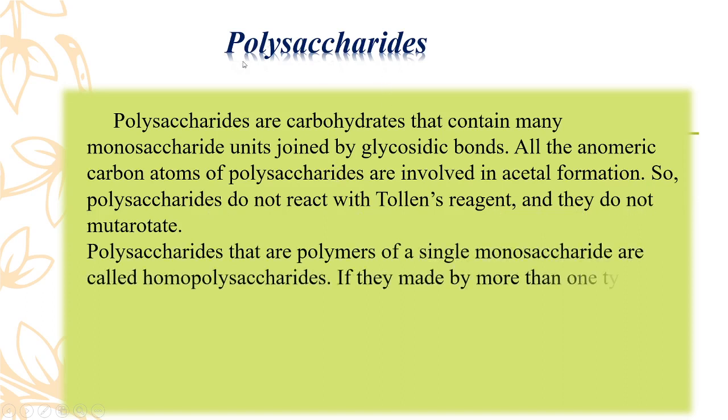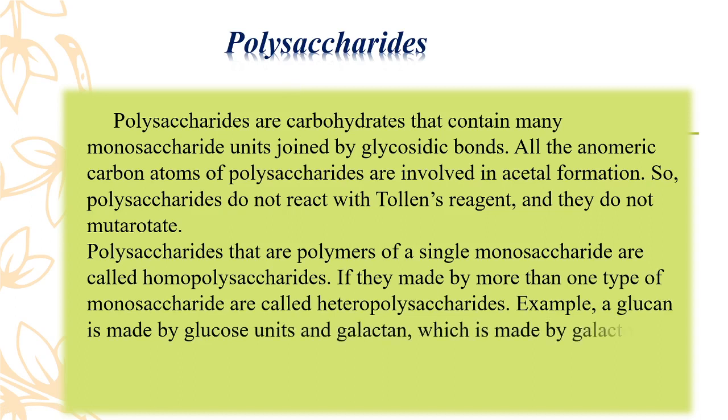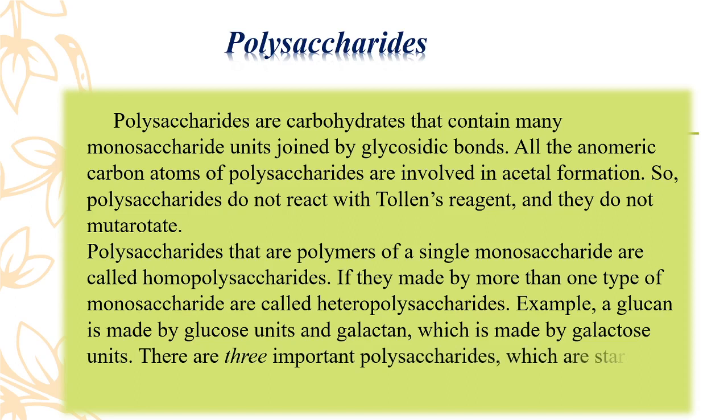Means what? Polysaccharides are carbohydrates which contain more than 2 sugar units, and as we know, for the formation of a disaccharide or a polysaccharide, the anomeric carbon of one sugar unit reacts with the OH of another monosaccharide. Then there is a formation of a disaccharide.